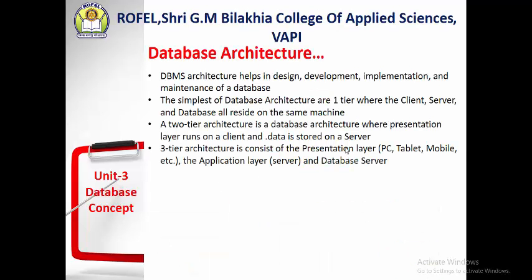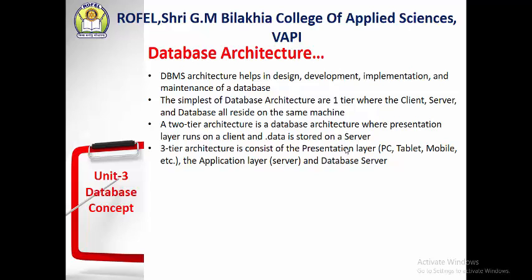So database architecture helps in the design, development and implementation as well as the maintenance of the database. The simplest way of database architecture is one tier. In that, the client, server and database are all in the same machine.